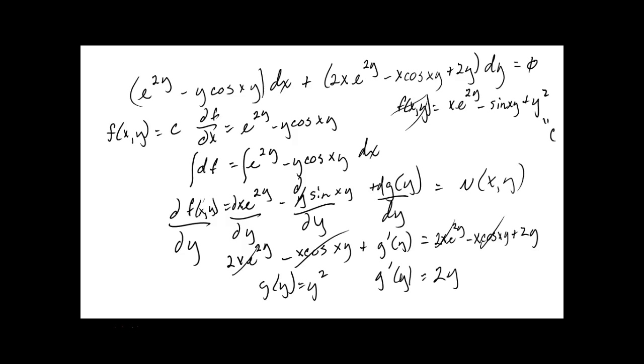Oh, I see now why it's in there. I was looking at the g prime. I was like, right, g prime equals 2y. I was looking at the problem below it. Yes, exactly. I found myself doing that too.